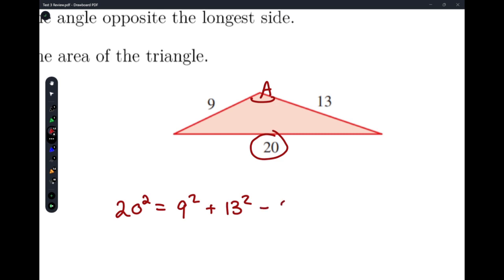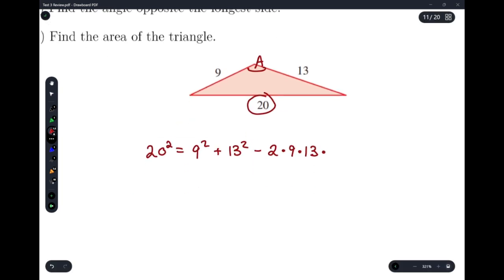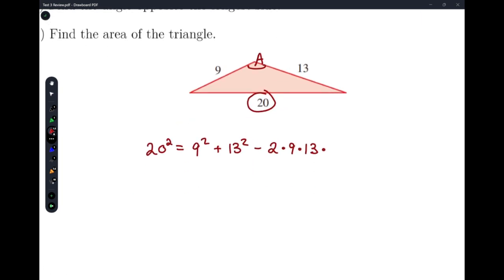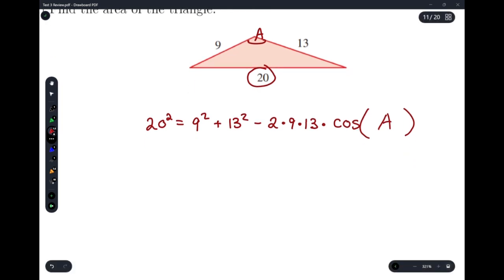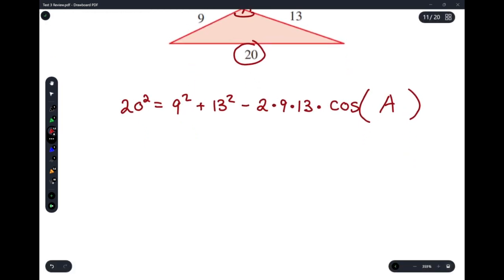Minus 2 times 9 times 13 times cosine. It's called the law of cosines. And what is the only angle we said we needed? It's capital A. Boom. Now we just got to solve that problem.